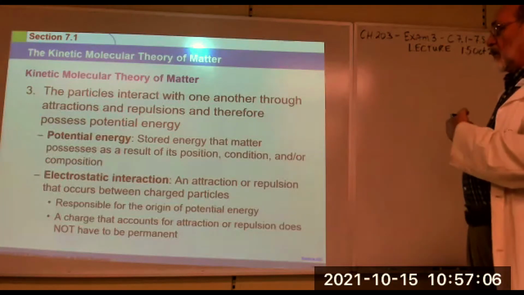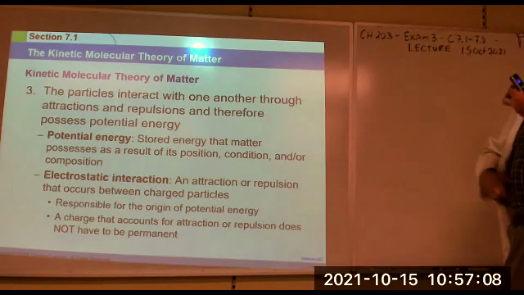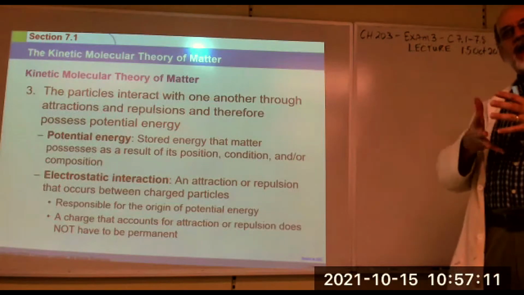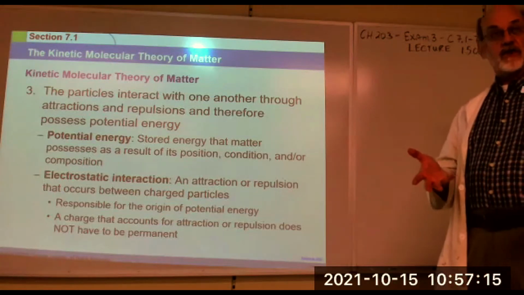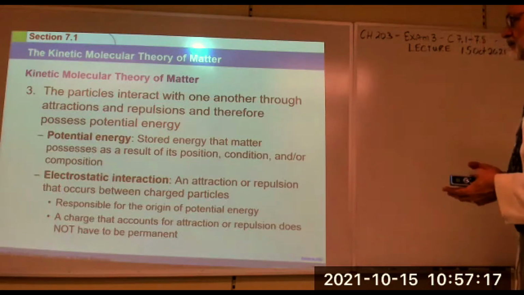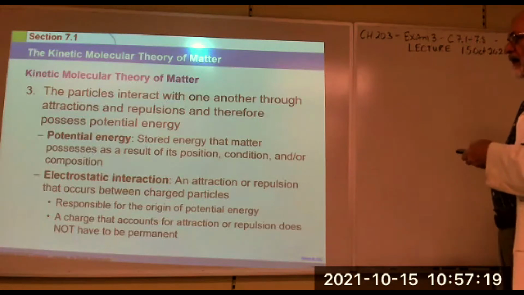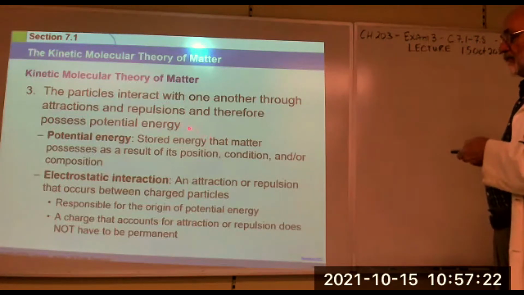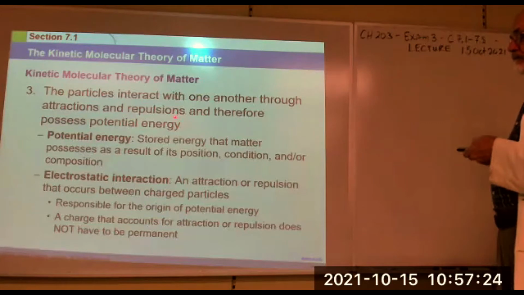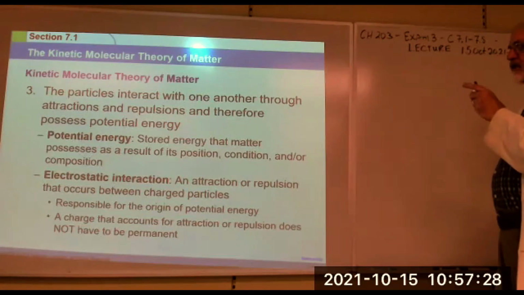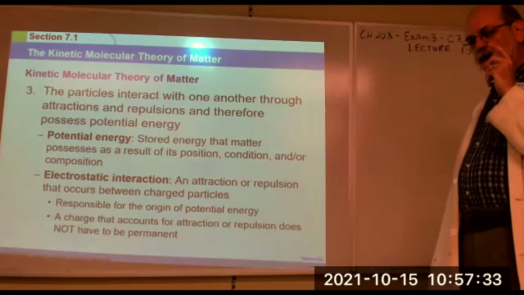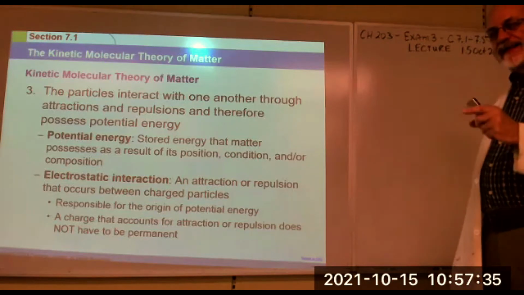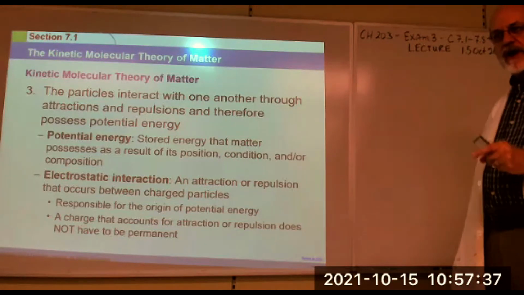So we also discuss how these particles interact. If they're in constant motion, eventually they're going to smack into each other. Now, this postulate normally is stated in terms that for ideal materials, the particles do not interact.